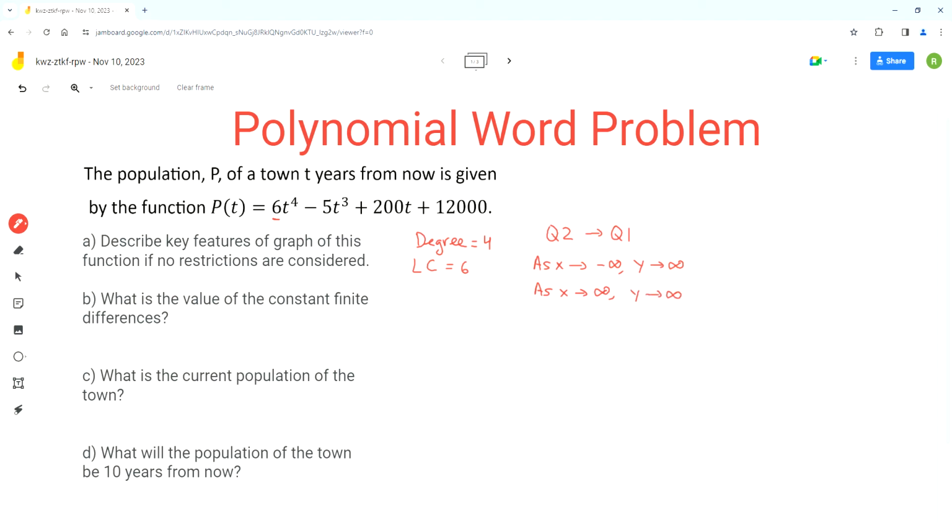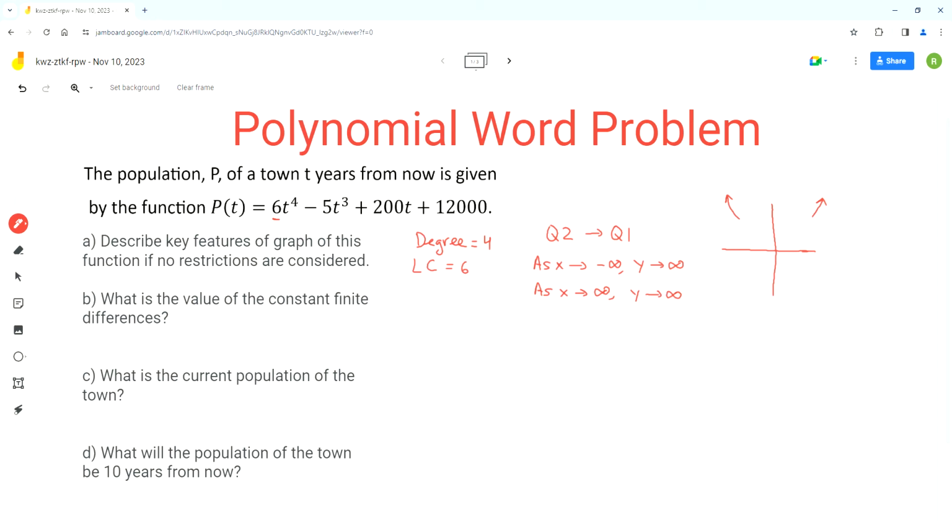So that's the end behavior for an even degree function with positive leading coefficient. We can sketch this function something like this. On the left side, the graph is in quadrant 2, and on the right side, the graph is in quadrant 1. So we are done with part A.